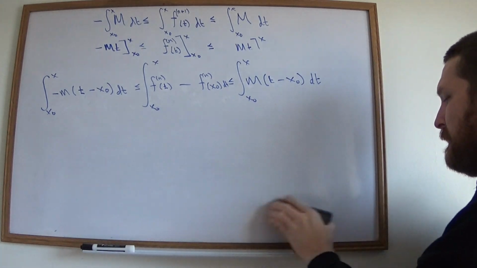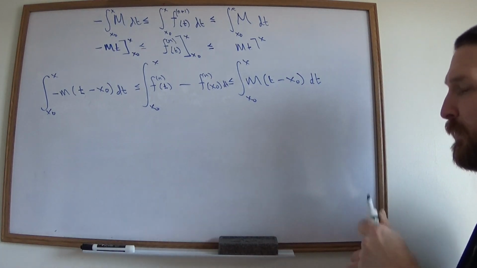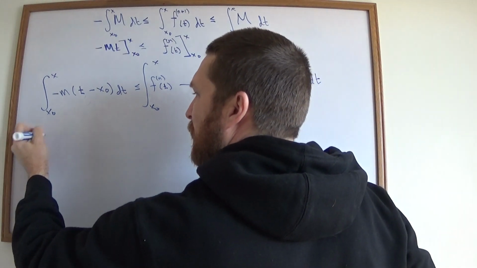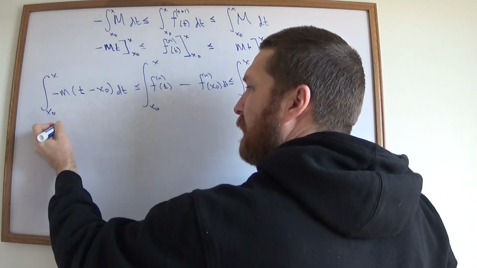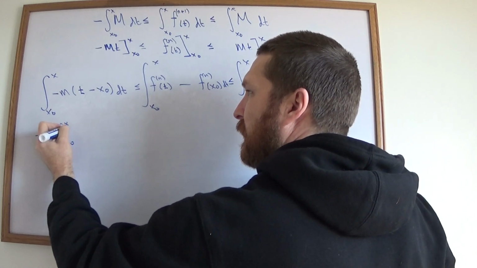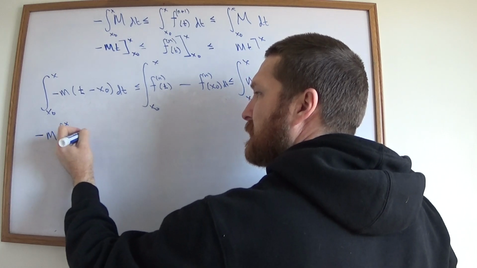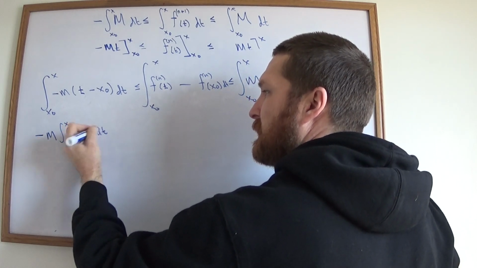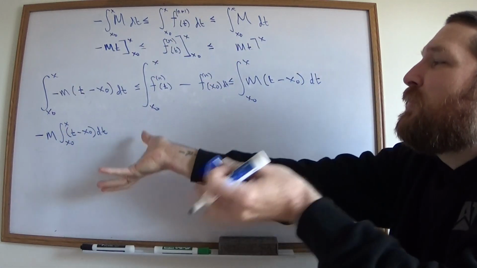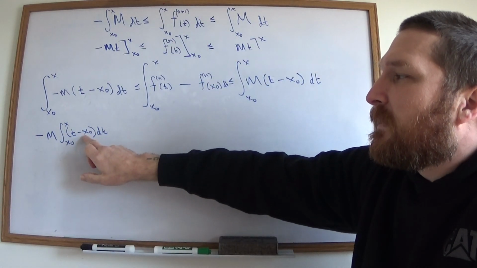The negative m is just a constant, and we could just pull out that negative m. So there's negative m. And again, I'll go ahead and be explicit about it, this is just t minus x0 dt. You could do a u substitution when you see something like this.